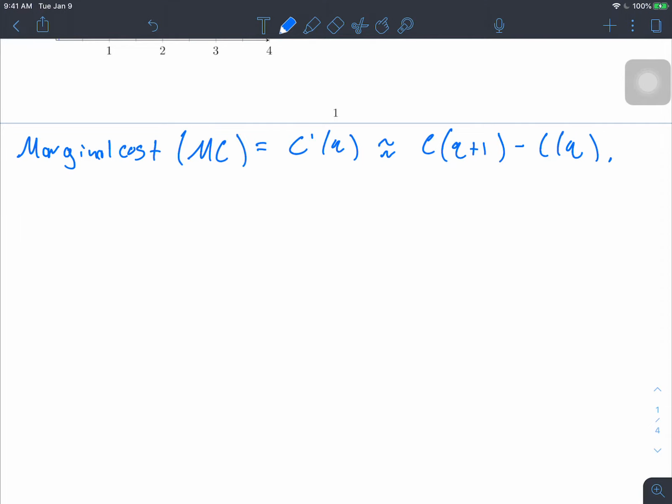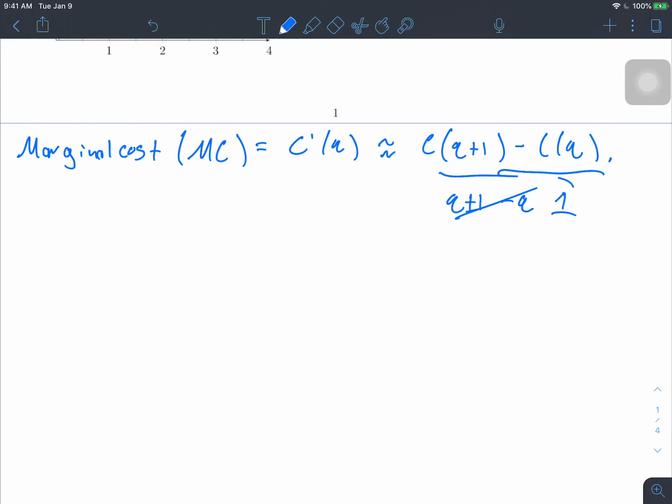Okay? And the reason that we can approximate it by this, by this I mean this red thing here, looks kind of like the rise part from our rise over run, okay? And if we were to consider it as a slope, well, our inputs here would be Q plus 1 and Q. So we're taking the outputs and subtracting them on the top, and on the bottom we would have Q plus 1 minus Q, which would just be 1.